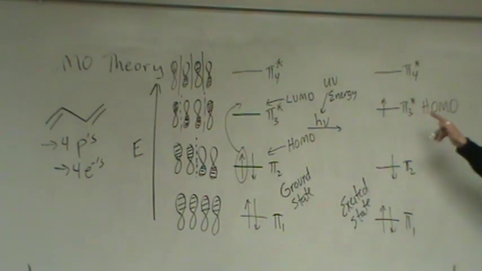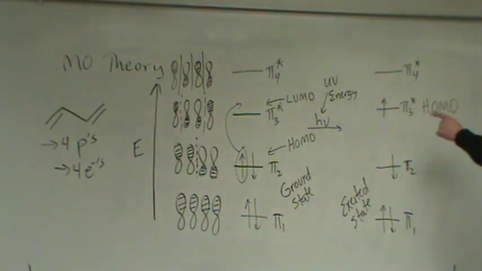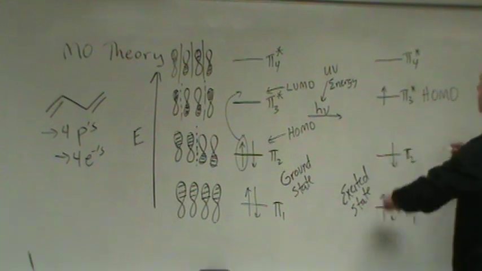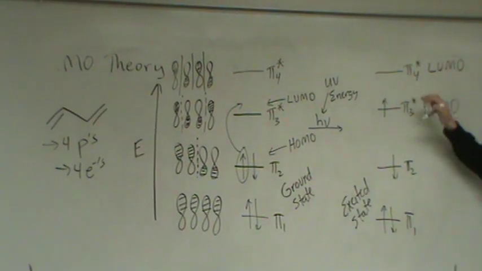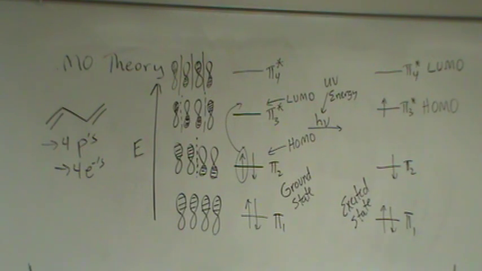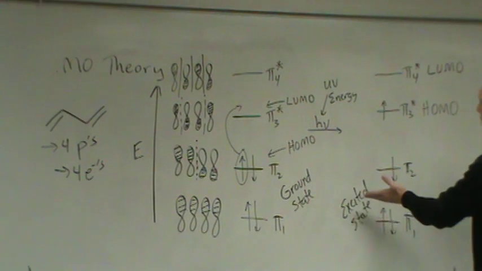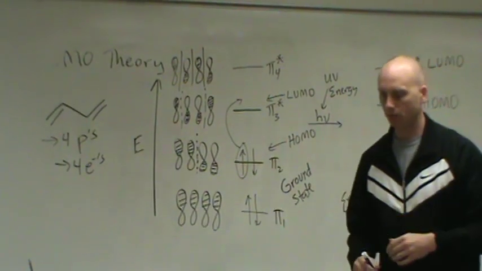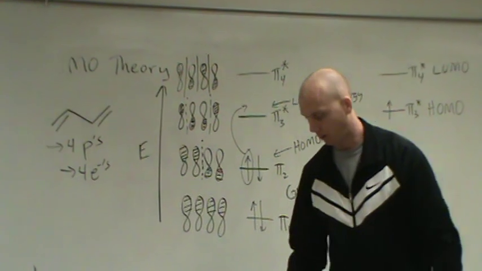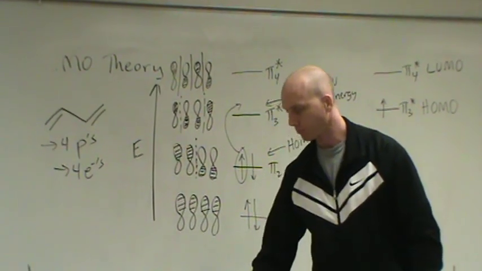Now our HOMO level is pi 3 star, because it's the highest with an electron. And now our lowest with 0 electrons, the LUMO, is now pi 4 star. So make a note of it. When we go to the excited state, our HOMO and LUMO levels shift to a higher energy level.